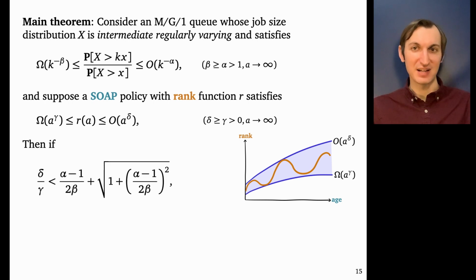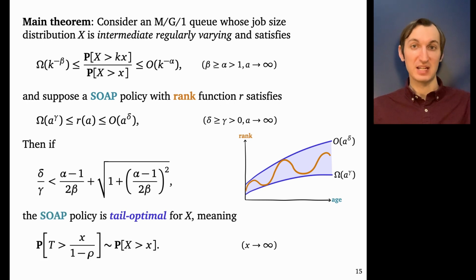If the cone is tight enough, that is, if gamma and delta, their ratio is less than this quantity, which depends on the job size distribution, then the SOAP policy in question is tail optimal, that it has the best possible response time tail decay in the t to infinity limit. Namely, it matches up to a constant factor that of the job size. And in particular, the constant factor we get, adding this 1 over 1 minus rho times x inside the probability, turns out to be the best possible constant factor.